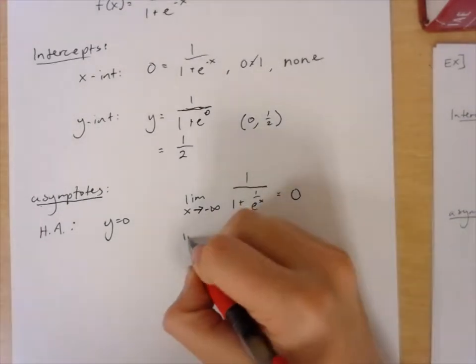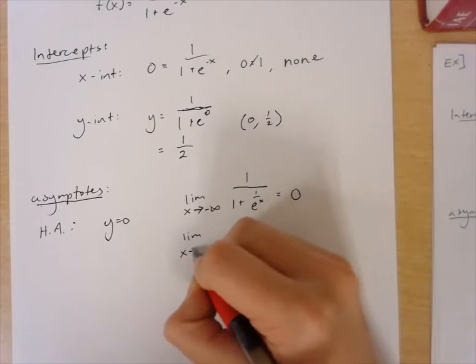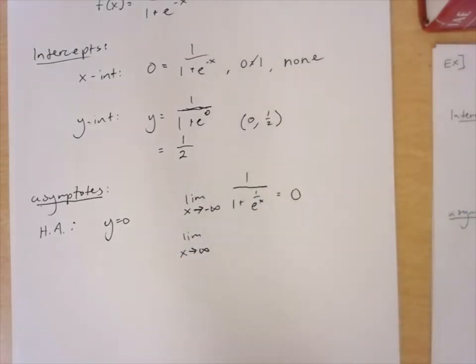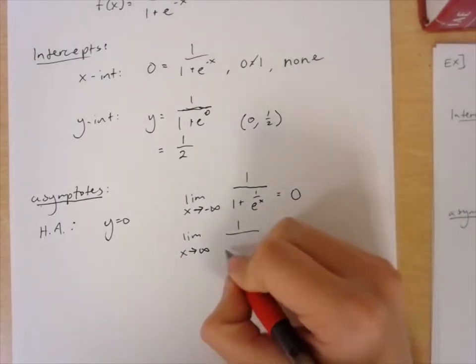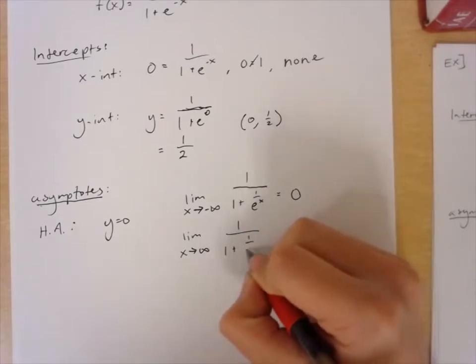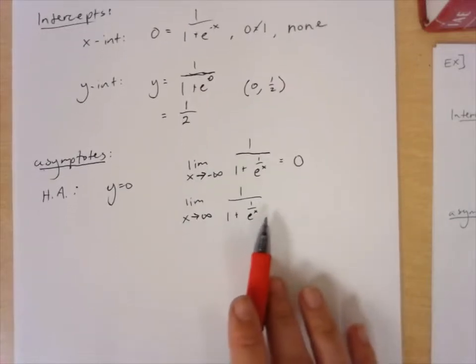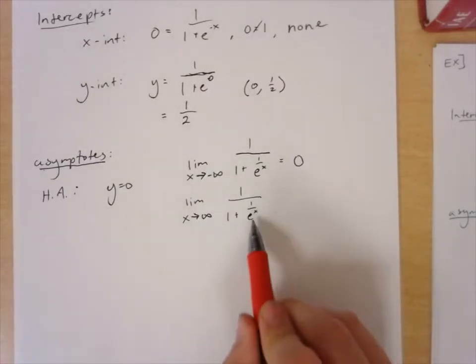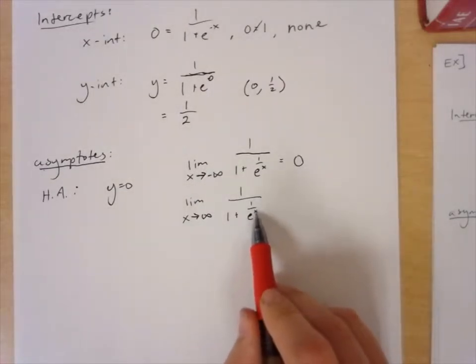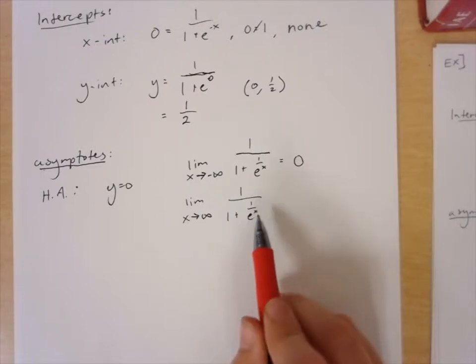And the other direction, when I look at my limit as x approaches positive infinity for this same function, for 1 over 1 plus 1 over e to the x, right? If I throw big numbers in here where e isn't going to go back to the top because it's going to be a positive exponent, it's just going to stay there on the bottom, that's going to become a really tiny number.